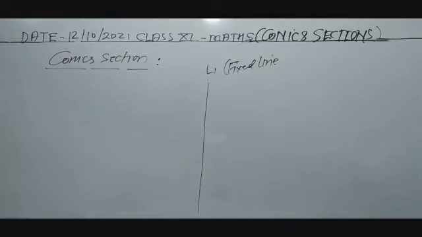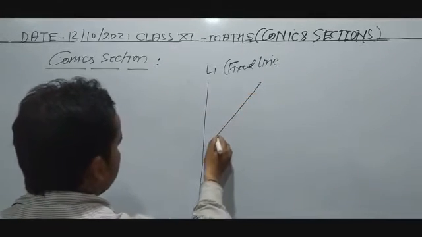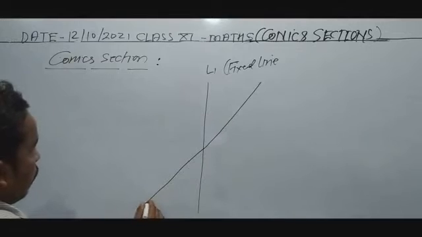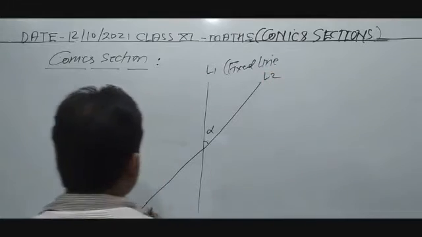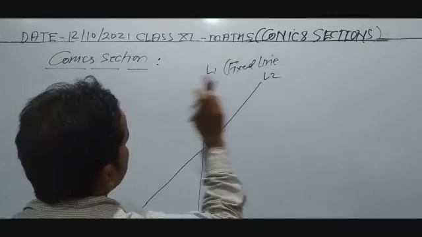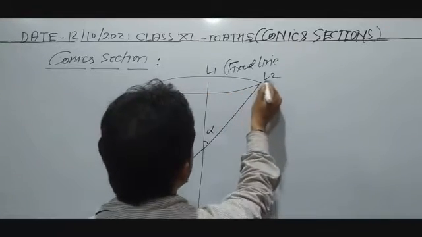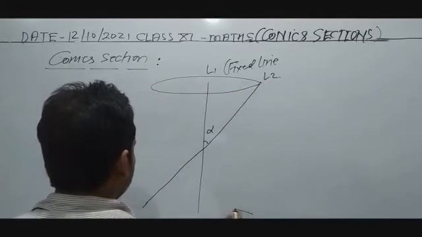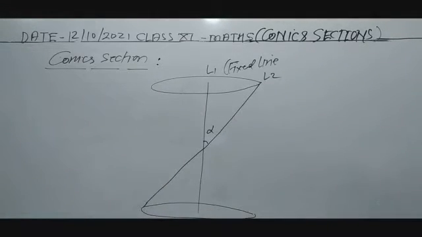Now suppose any other line L2 that inclines at an angle alpha with the line L1. The rotation of line L2 about the line L1 will make a double cone. When the line L2 rotates about the line L1, you will get a double cone.